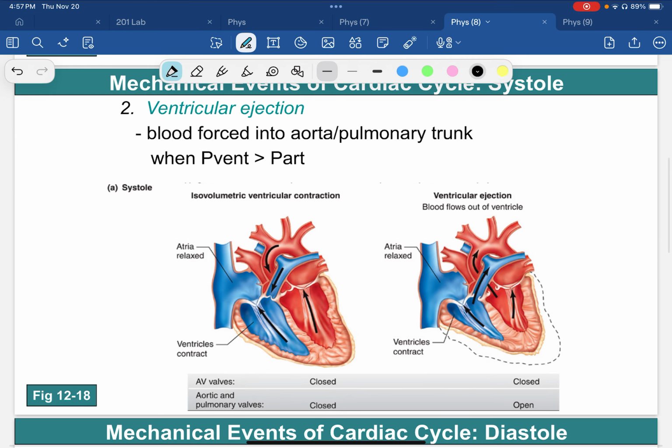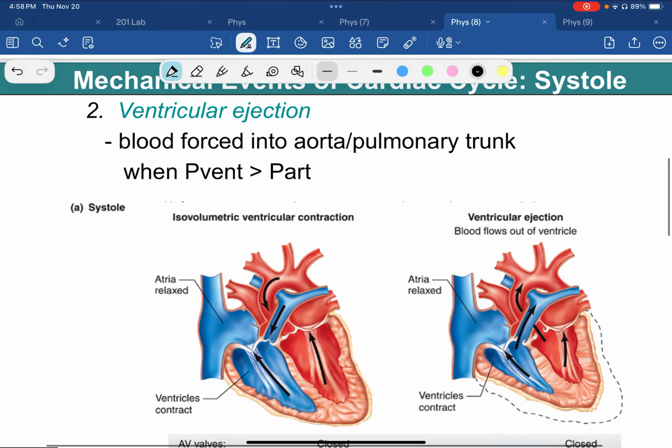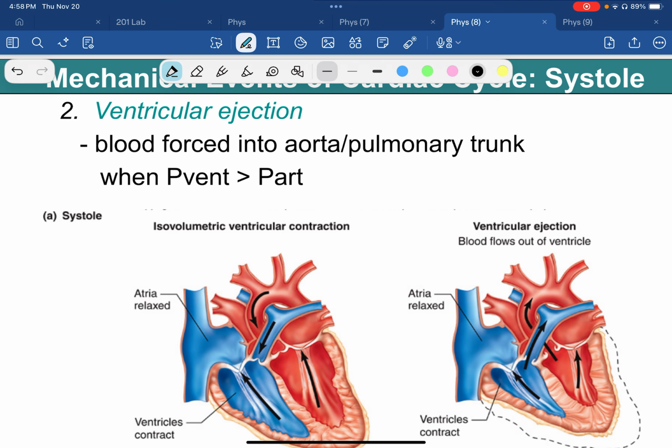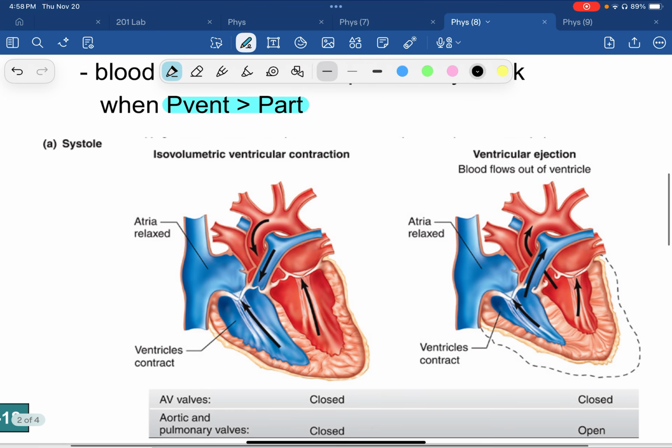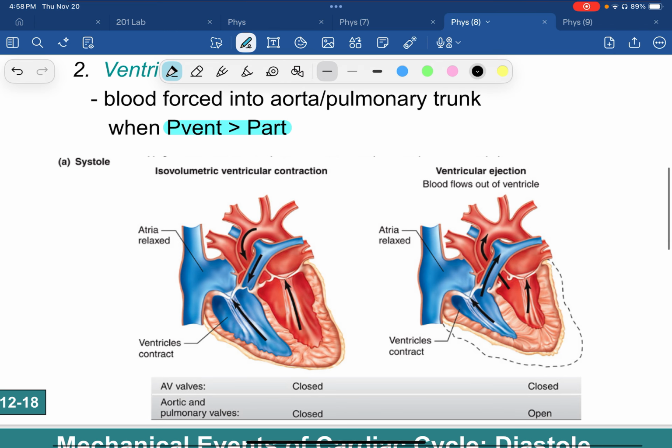This is where the pressure in our ventricles is just so big. Because the pressure is so great, it is greater in the ventricles than in the arteries. We remember our semilunar valves are the ones that connect our ventricles to our arteries.